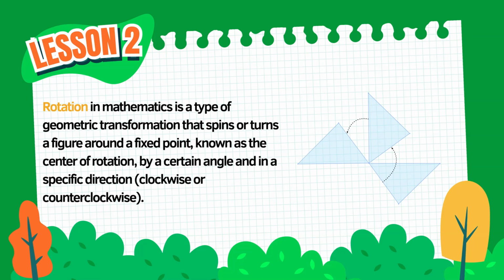By using the formula, we will just substitute. Let's have C first. We will change the coordinate of C, which is 3, 3. So a will be 3 and b will be 3.